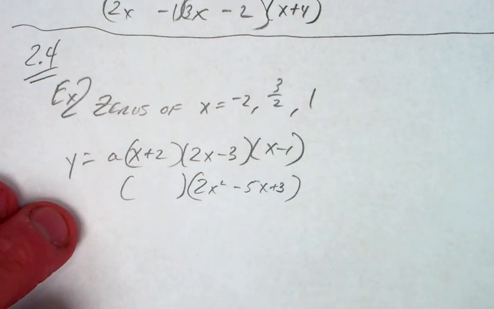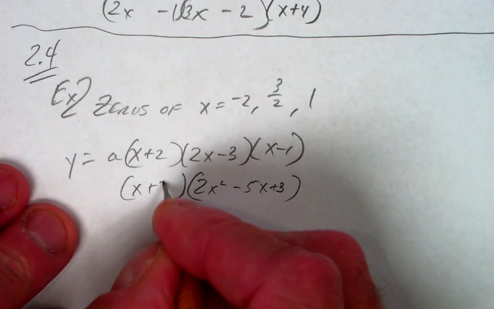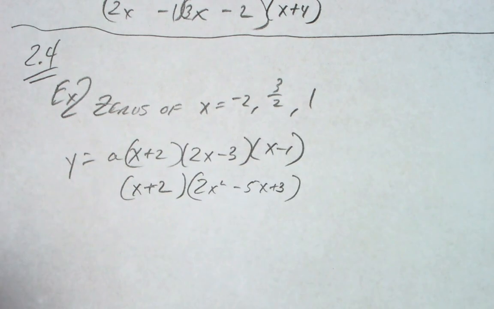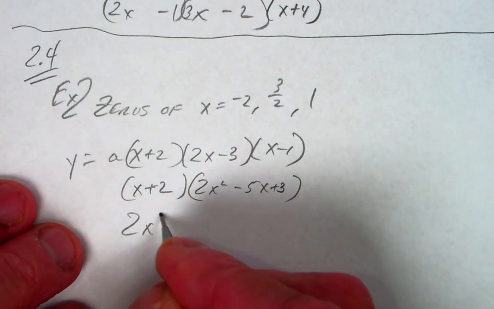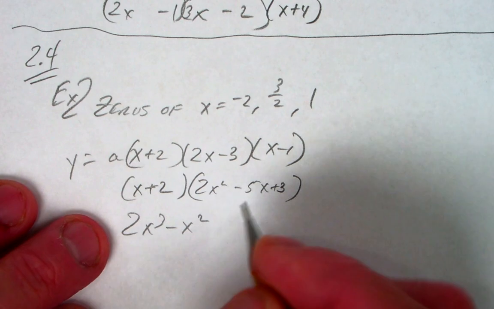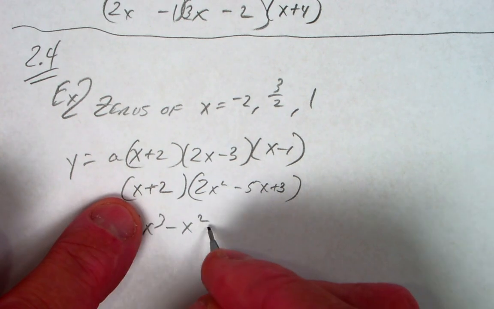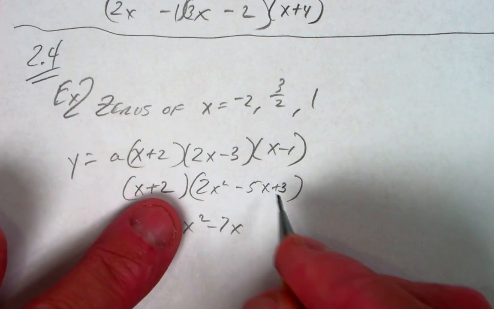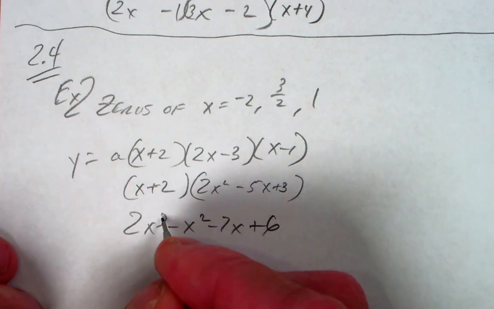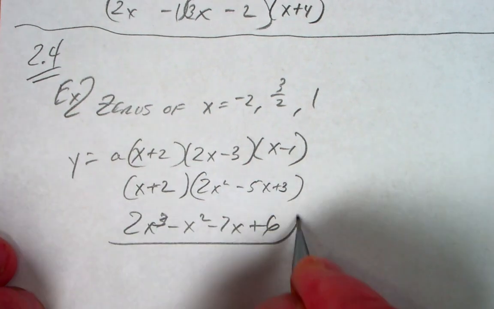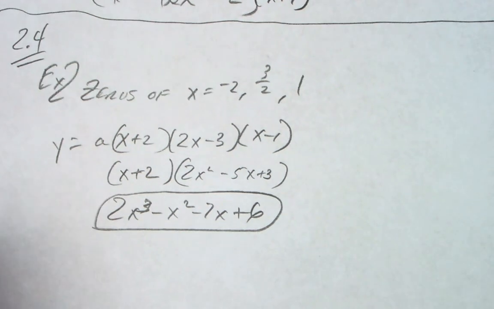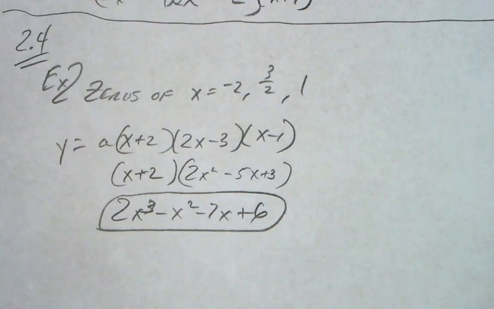Can you guys do this next step in your head or not? Yeah. Oh, 100%. Okay, so 2x to the third minus x squared minus 7x plus 6. Where did I get this from?